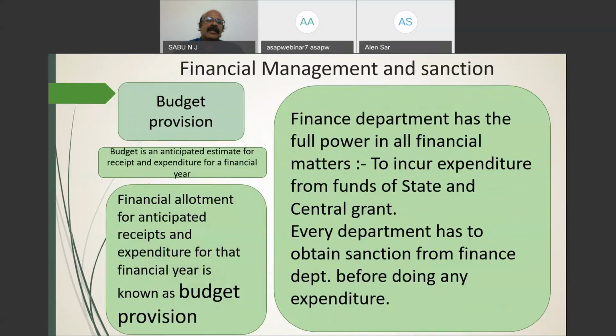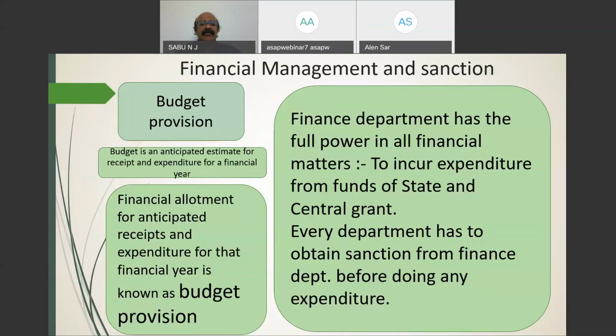You have to know some particular terms used in this topic. First, the budget provision. All of you know what a budget is. You have heard about the government budget, presented by the state government and the federal government. The budget is an estimate. It is an anticipated estimate of receipts and expenditure for the financial year.